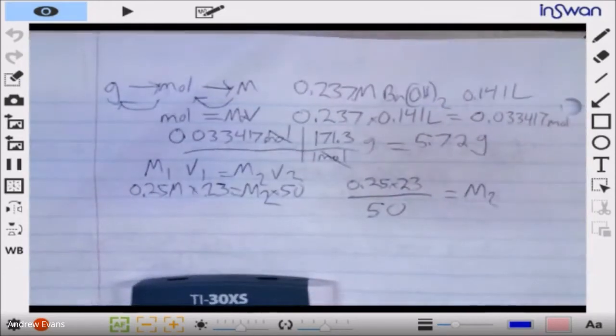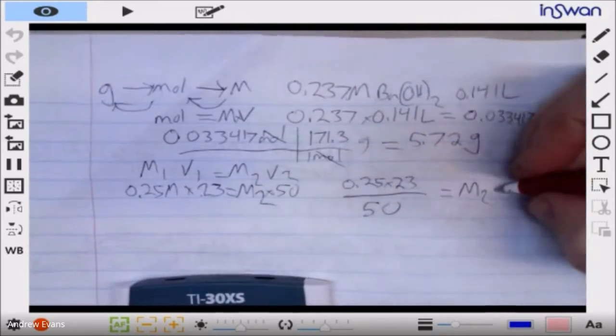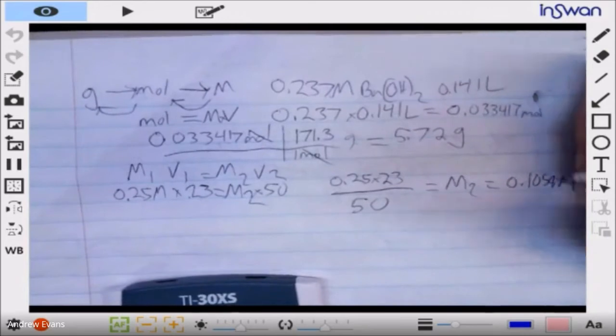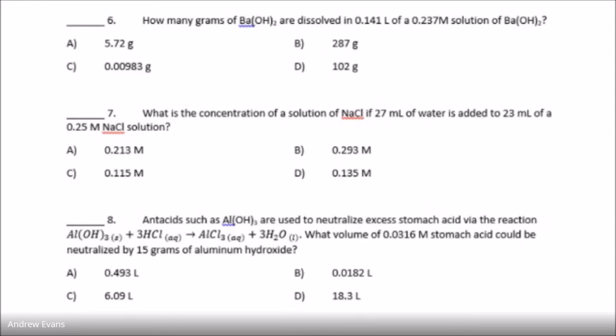So 0.25 times 23 divided by 50, it goes to 0.1058. What got goofed up? Oh, I know.